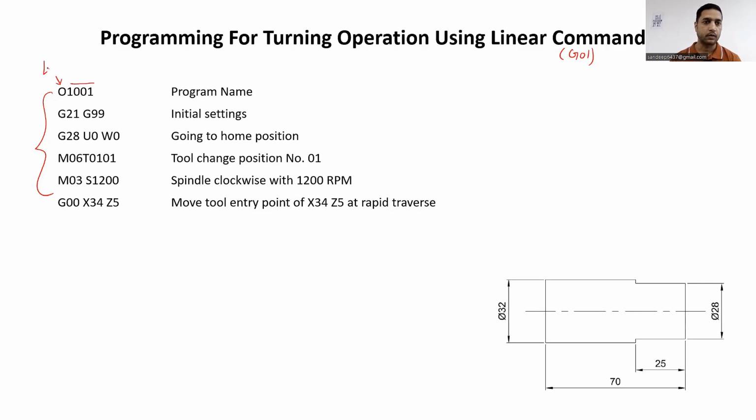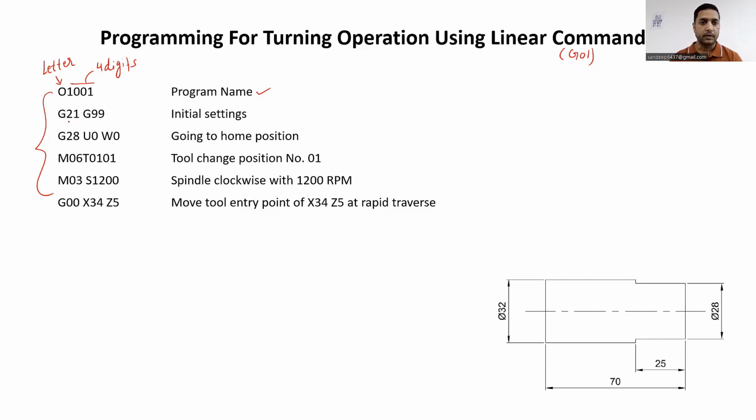So this is our letter O, and these are our 4 digits. So O1001, this is our program name, and the 4 digits which I'm taking here is 1001. You can take anything like 1, 2, 3, 4 or whatever you want.